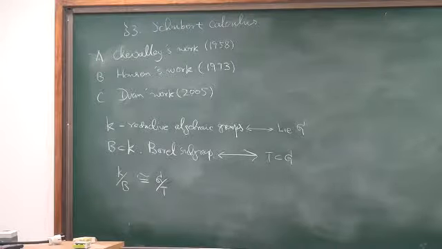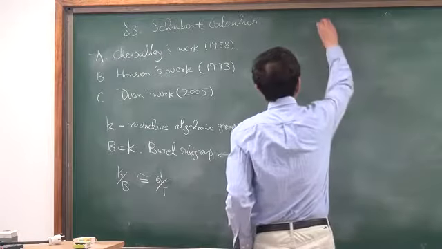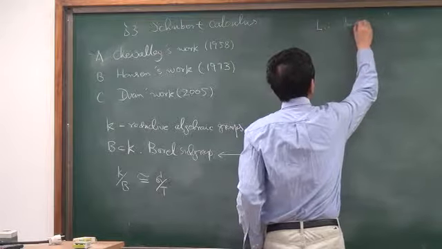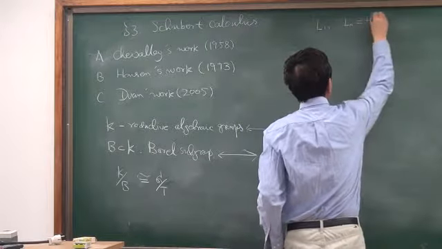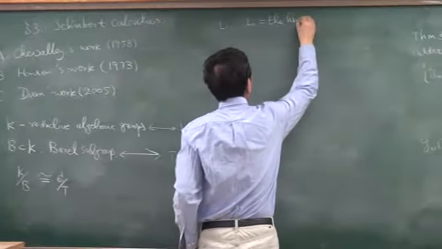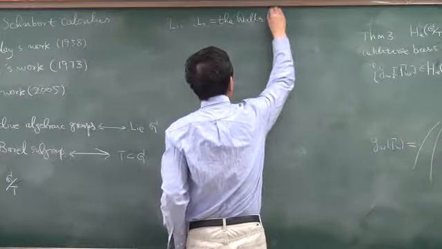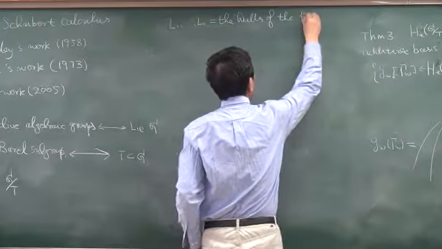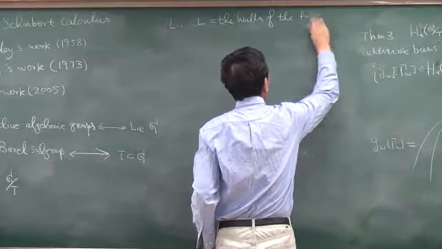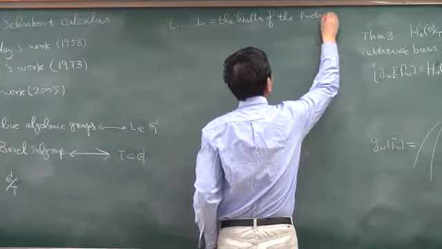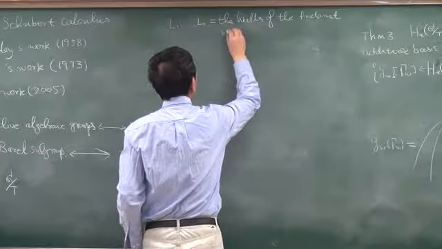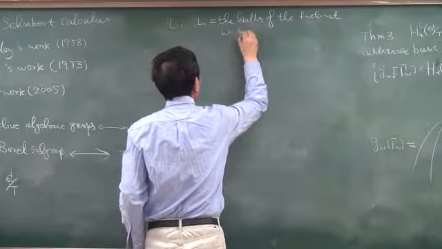So I also need a bit of notation. Let me use L1 to Ln to denote the walls of the fundamental dominant Weyl chamber.